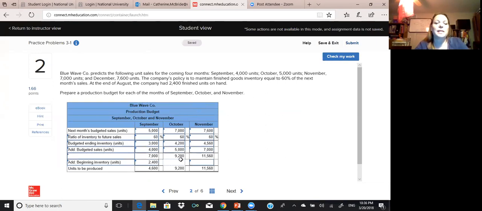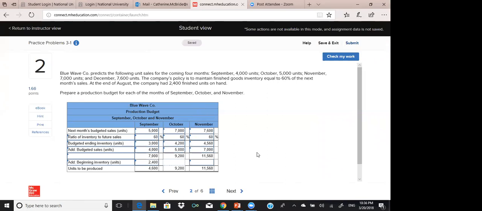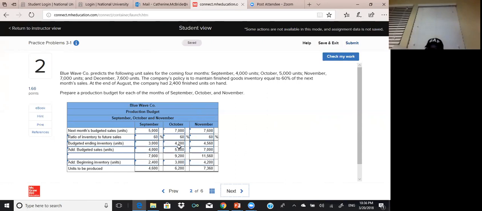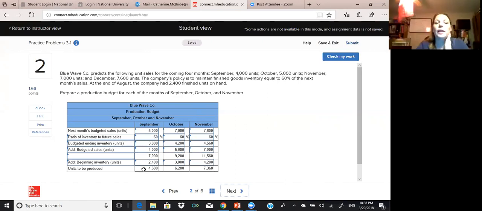So what should my beginning inventory be in October? Ending inventory of September, 3,000. Right. And what about for November? 4,200. Yep, perfect. Do you add beginning inventory units? No, you subtract beginning inventory.